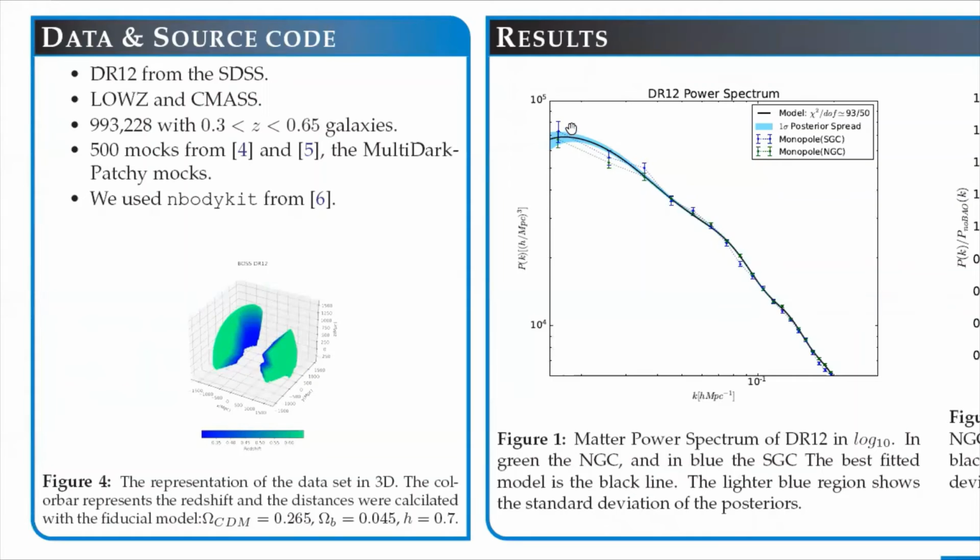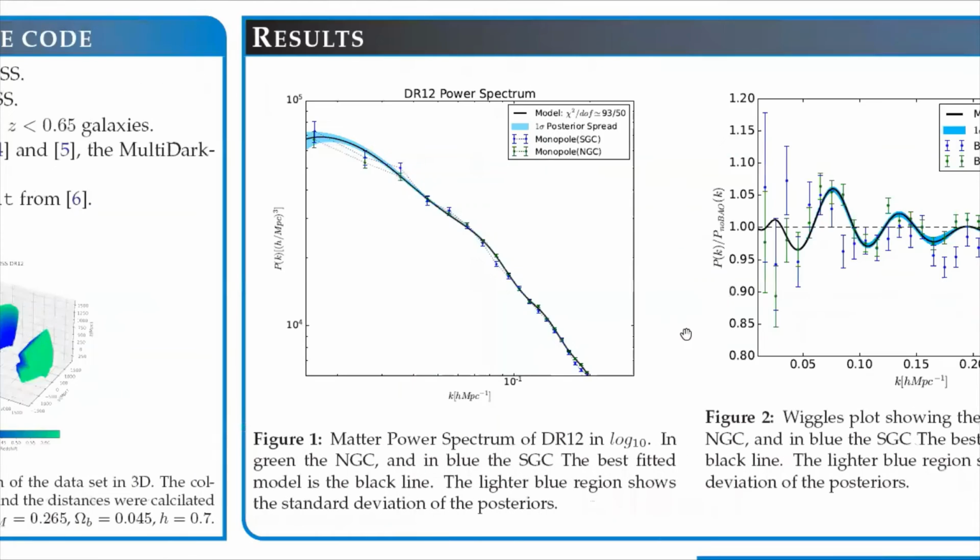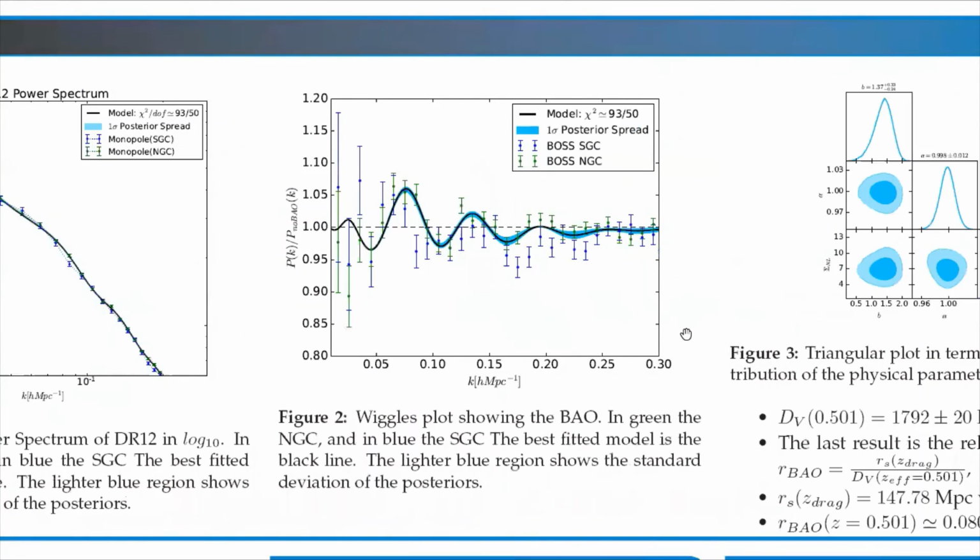And these larger errors, both for the model and the data, are due to cosmic variance. It's on larger scales. It's easier to see the oscillations from 0.04, like I mentioned, using the wiggle plot.